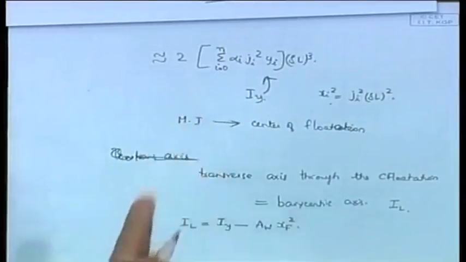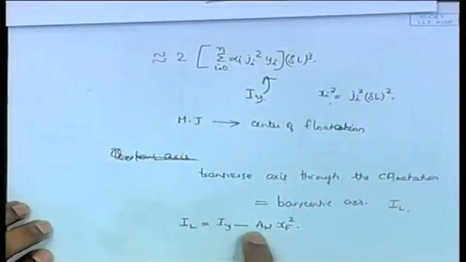This is just coming from the basic definition of moment of inertia, which says that moment of inertia about any parallel axis is found out by using the area of that section into the distance squared. That is the parallel axis theorem. So when you use that equation, you get I about L, which is I about the centroid.